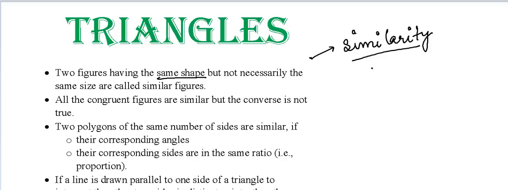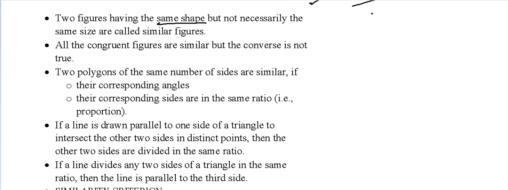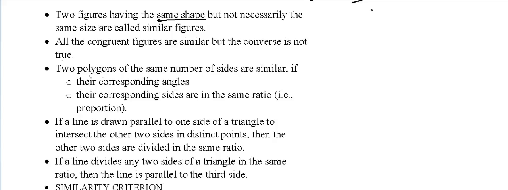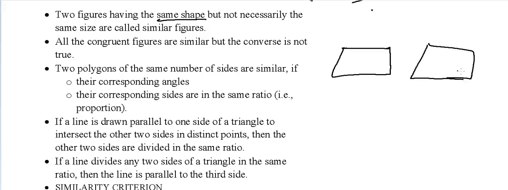Now for polygons. Two polygons with the same number of sides can be similar. This is a polygon, and this is another polygon. The number of sides should be the same. It's a quadrilateral, having four sides.